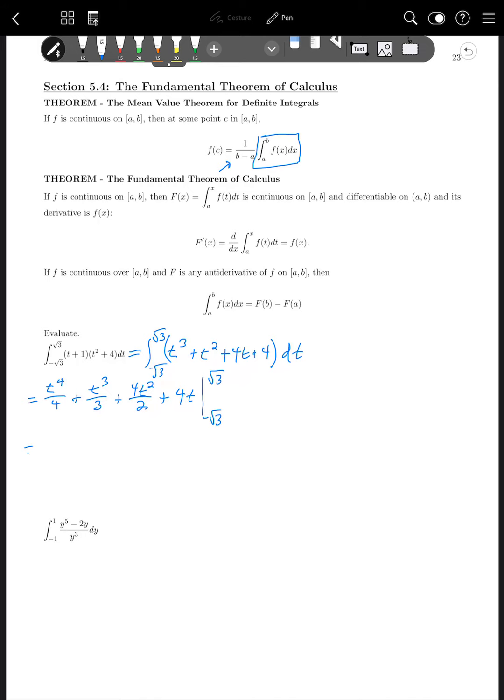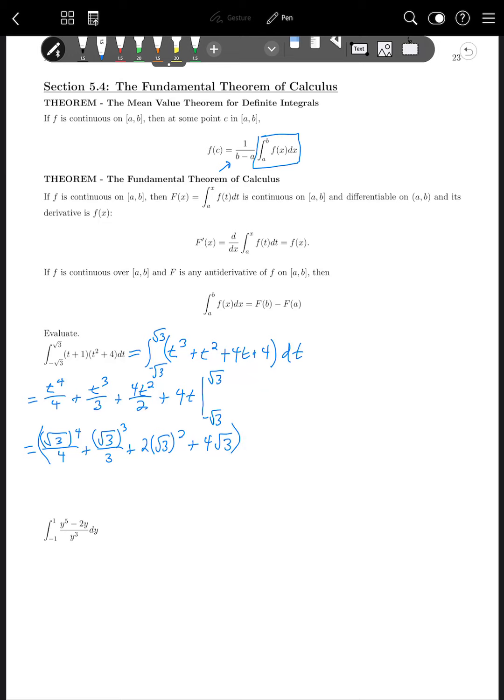So this will be the square root of 3 to the 4th over 4 plus the square root of 3 to the 3rd over 3 plus, I'll just go ahead and simplify that, 4 divided by 2 is 2, so 2 times the square root of 3 squared plus 4 times the square root of 3.